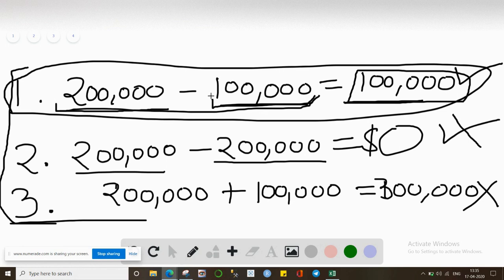Then we assume we have liabilities of 1 lakh. Then in the first choice we are given that the asset side is more than the liabilities amount by 1 lakh. So 1 lakh plus 1 lakh will be 2 lakh of assets. That is what I have written. So 2 lakh minus 1 lakh will give you 1 lakh of equity. So that is correct.